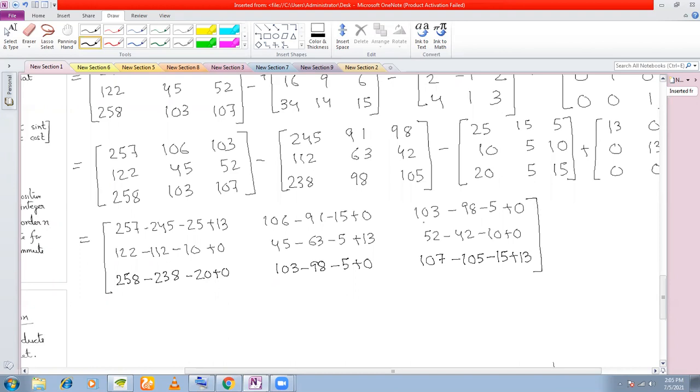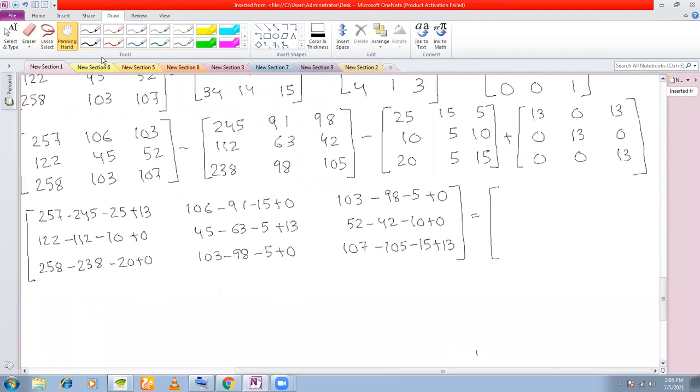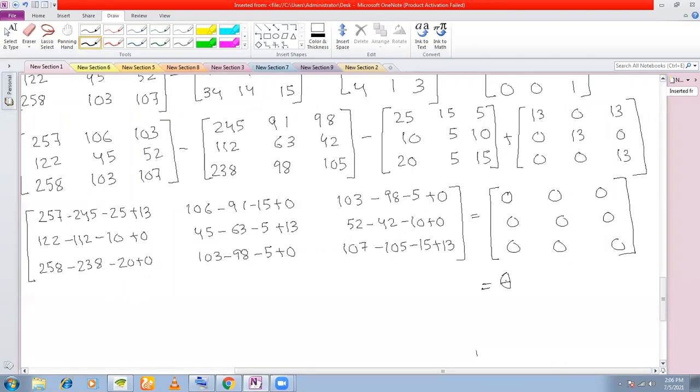Right? Now you simplify this, you will get a null matrix. 257 minus 245 minus 25 plus 13, you can work this out to be 0, 0, 0. We're getting a null matrix which is equal to the null matrix on the RHS. And that is what we had to prove.